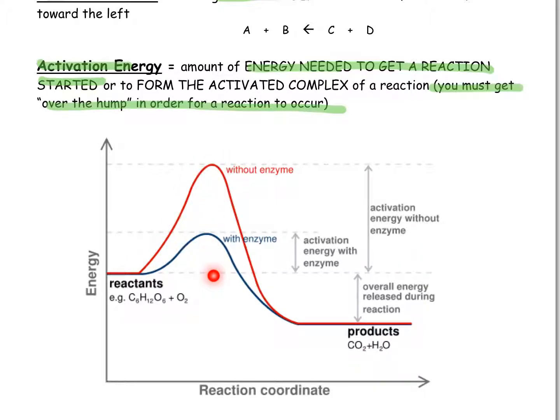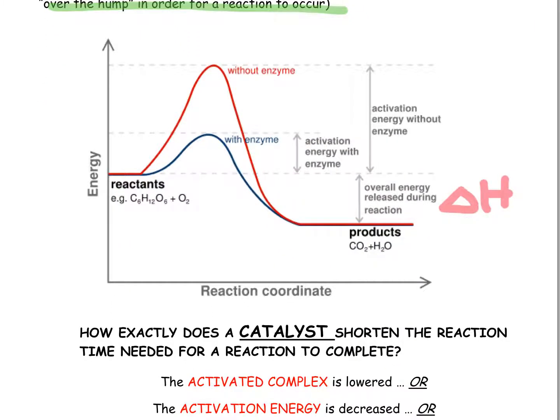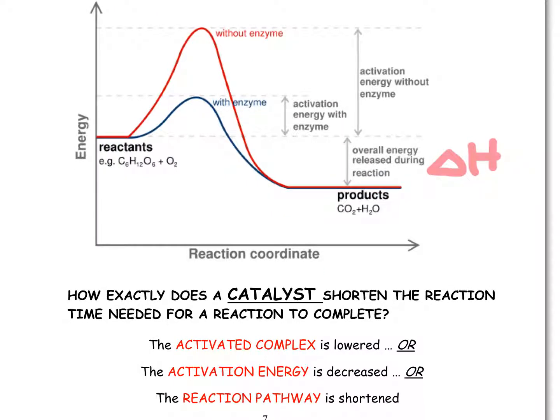This part right here is activation energy. My overall energy, which I call my delta H, is only the difference between my reactants and my products, which means this activation energy does not affect my delta H. That becomes important when we're discussing a catalyst.